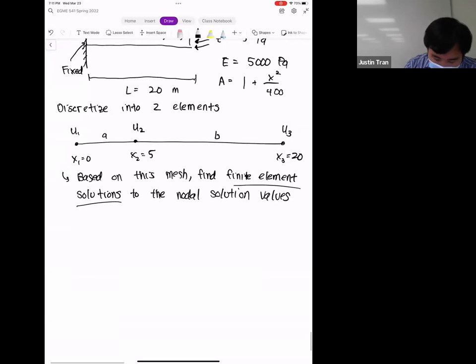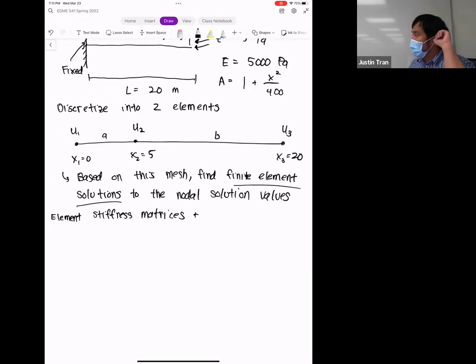So the first step is our element stiffness matrices. But for these problems, we have to do an additional step. In addition to the element stiffness matrix, we're also going to have to compute an element forcing vector.